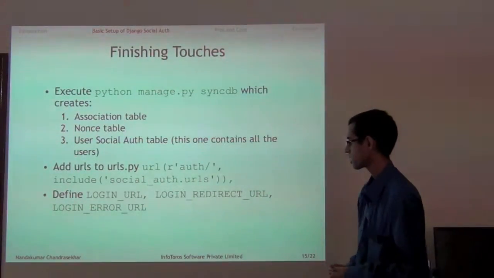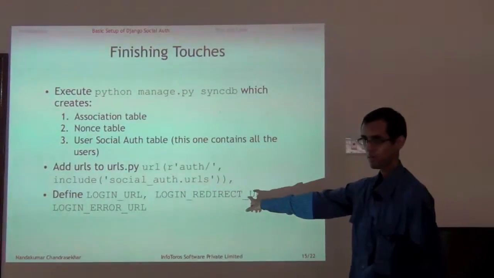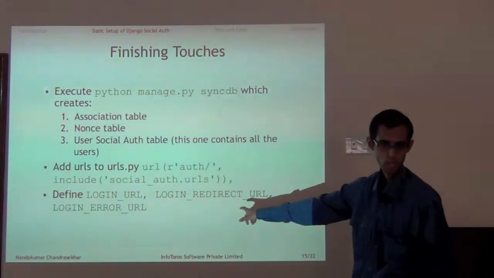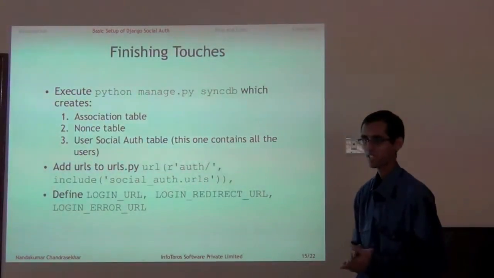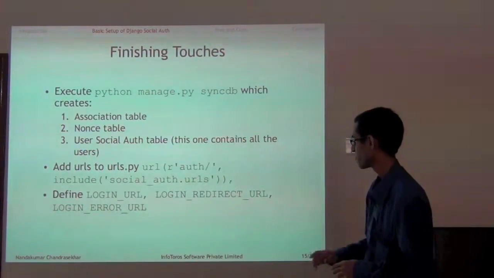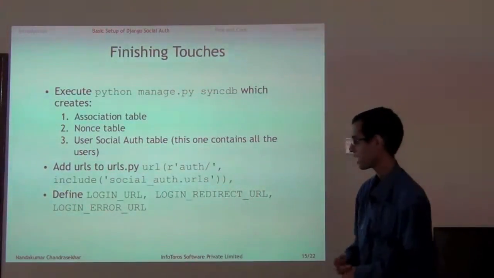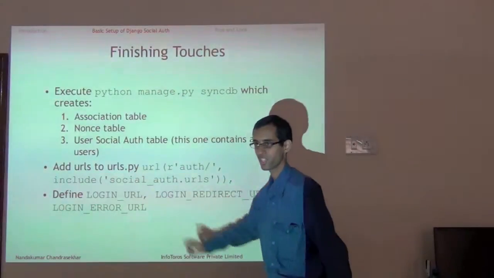Then I would recommend that you define these 3 parameters in the settings file, because again django-social-auth has an interesting feature. If an error occurs, it will either redirect to this, or redirect to this.